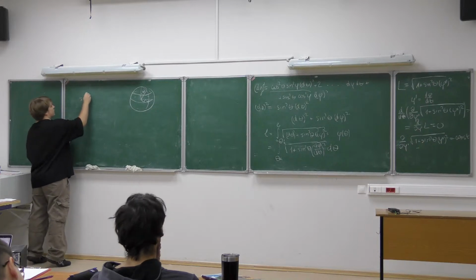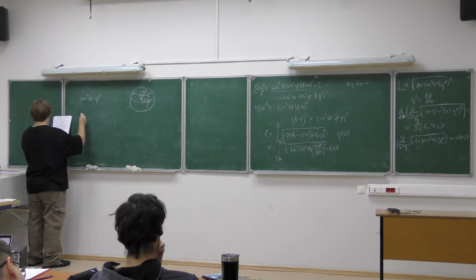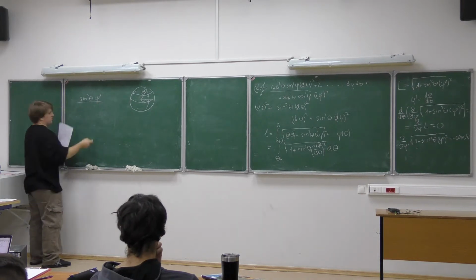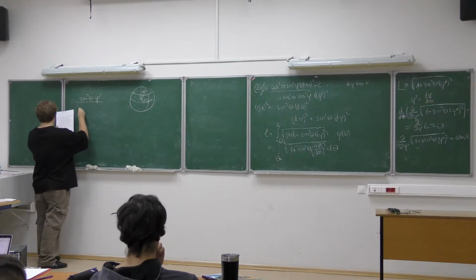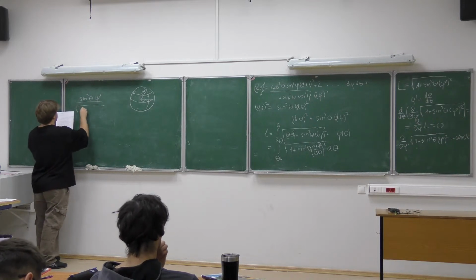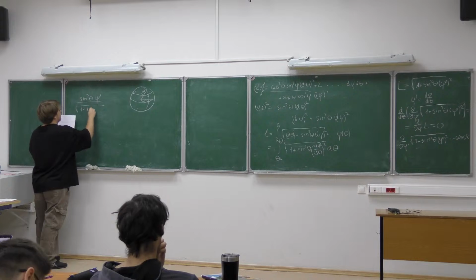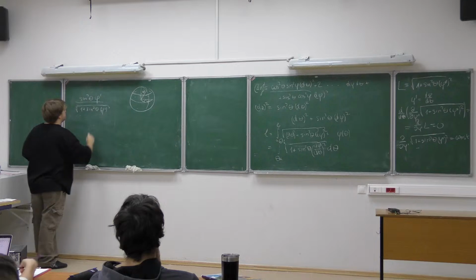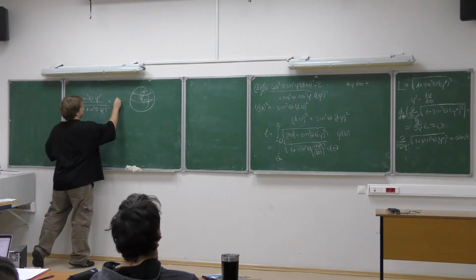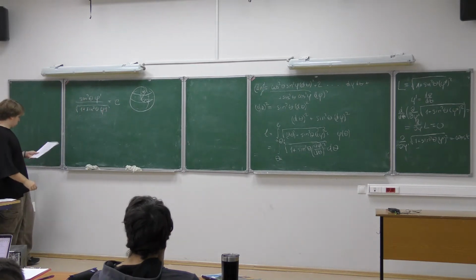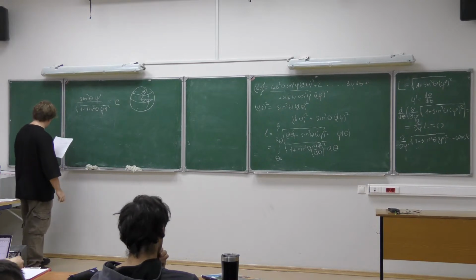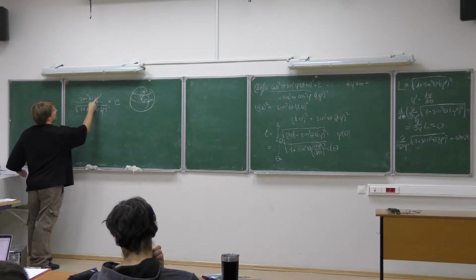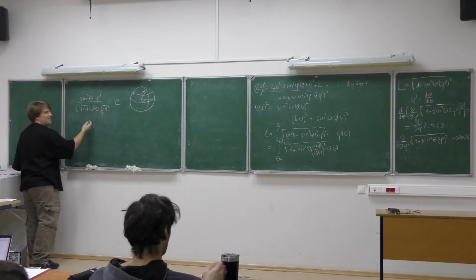We get sine squared theta times phi prime. We have 2 here, but we can take it into the constant, some constant c. Now let's find phi prime in terms of c and theta.